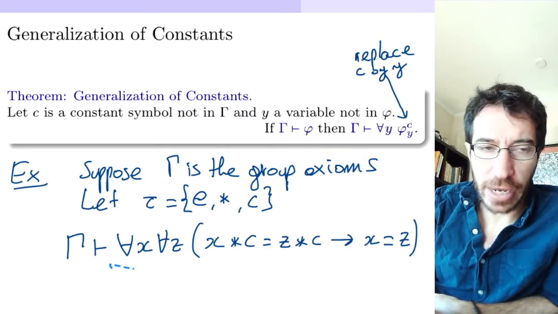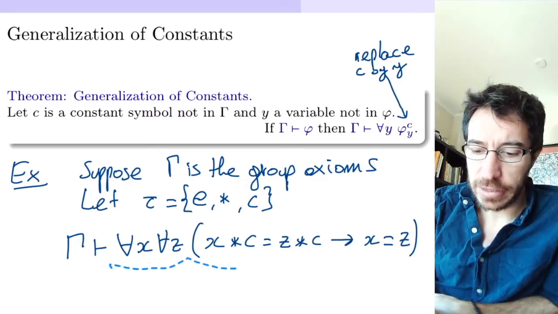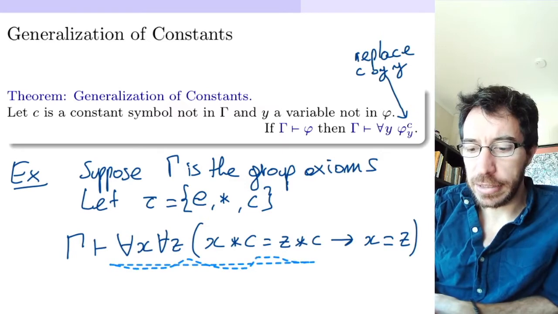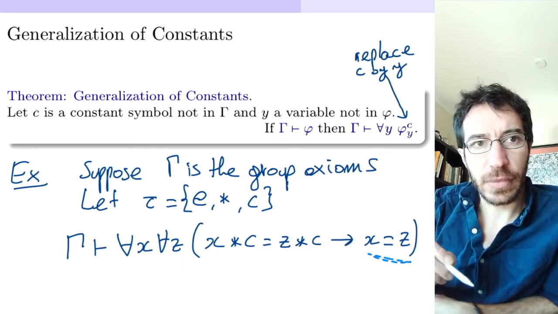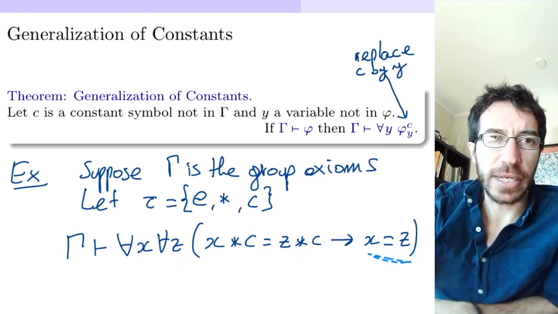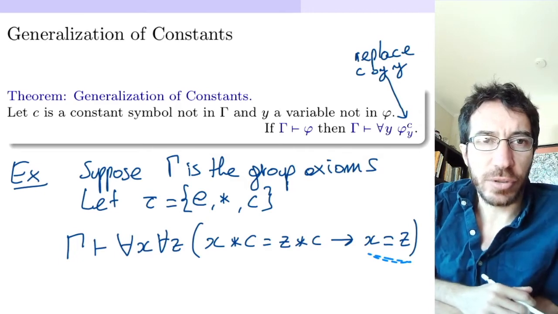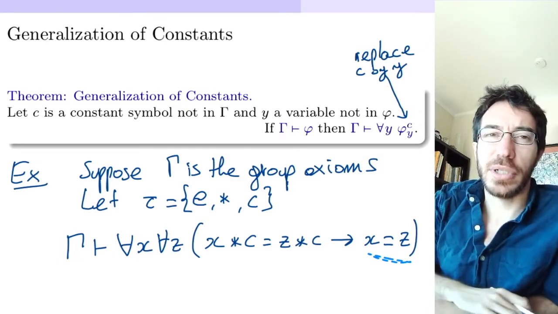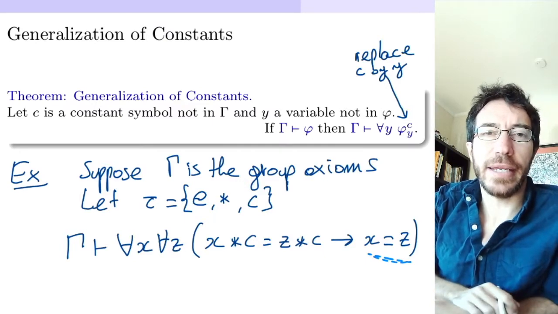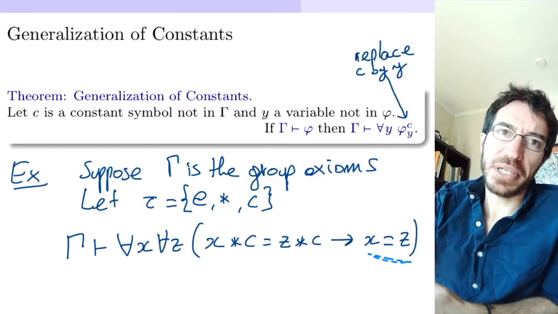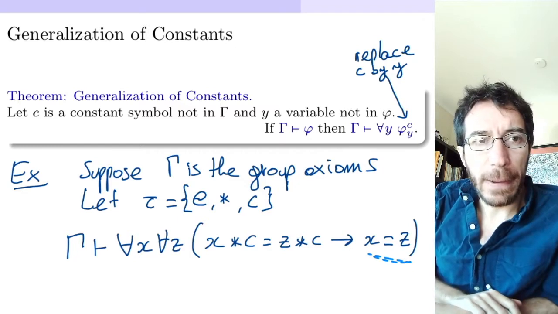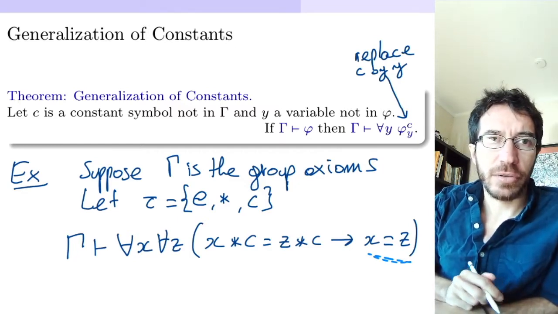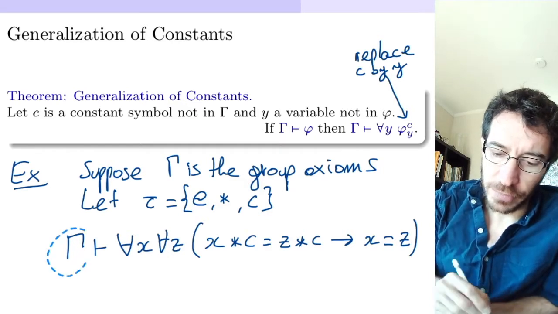It says that for every x and for every z, if x star c equals z star c, then x equals z. That's cancellation. You can prove it using the group axioms. You can do a formal deduction. It's going to be a bit long and tedious, but it's doable. It takes some work to figure it out, but yes, you can find a formal deduction of this from the group axioms.